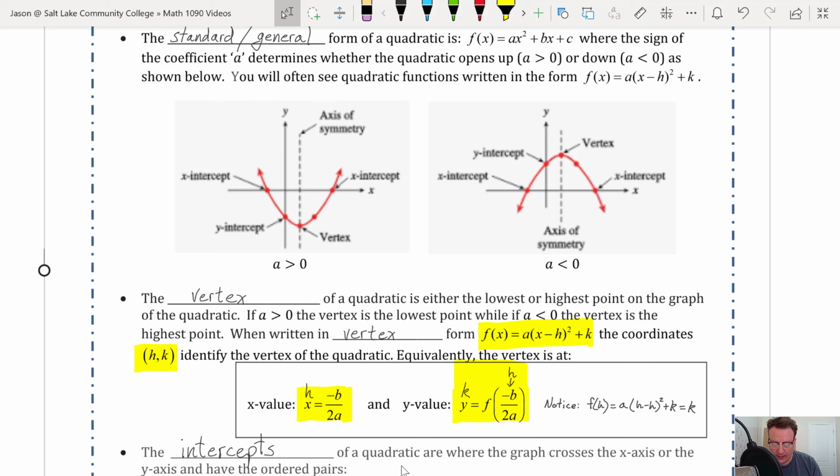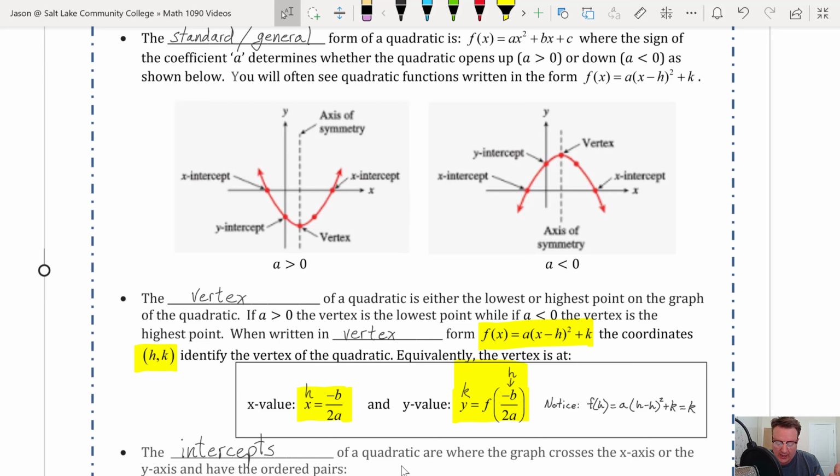In this little box here, we have a formula that gives you a way of determining the vertex of a quadratic function when it's given to you in standard form or general form, when it's in that ax squared plus bx plus c form. All you need to know is b and a.